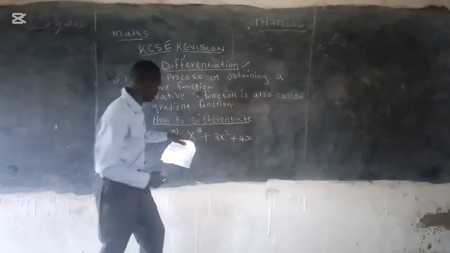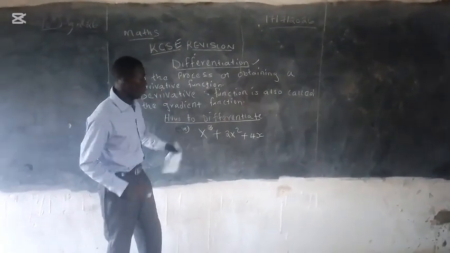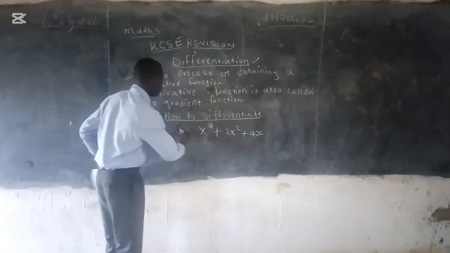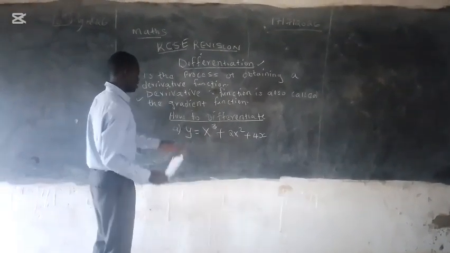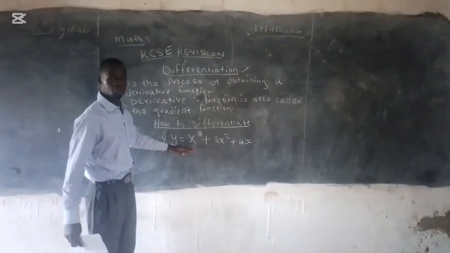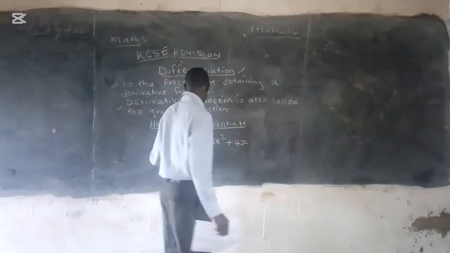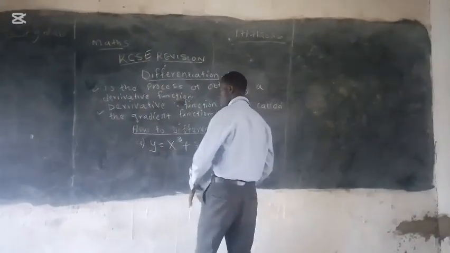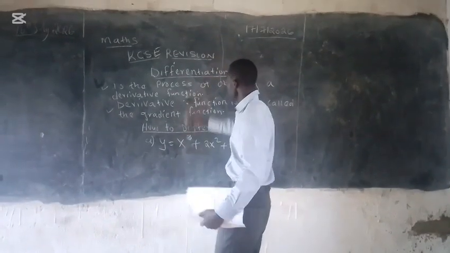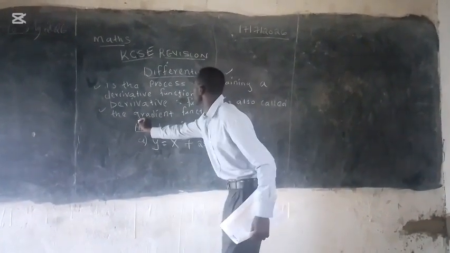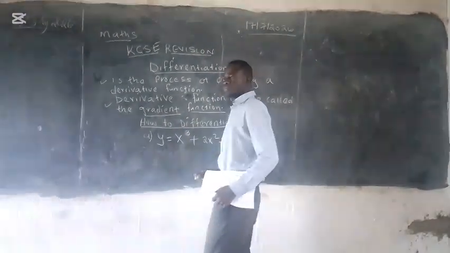If you want to differentiate this function, we say that y is equal to this. This is our curve. After the process of differentiation, we will come across what we call a derivative function. A derivative function, we say, is the same as a gradient function.